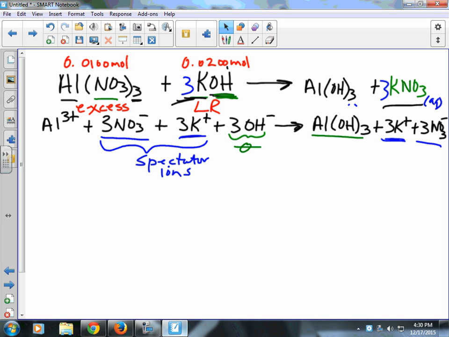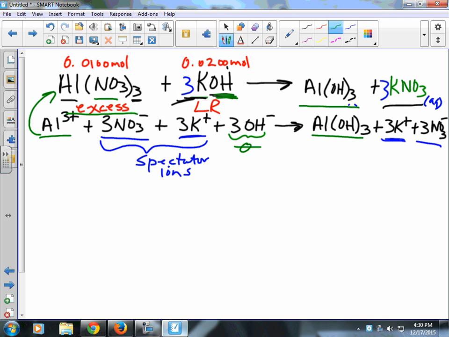But let's look at this aluminum plus 3 ion. It came from the excess reactant. That means the excess reactant, some of it reacted to form aluminum hydroxide, but not all of it. So after the reaction stopped, there's still some of it left in the solution.